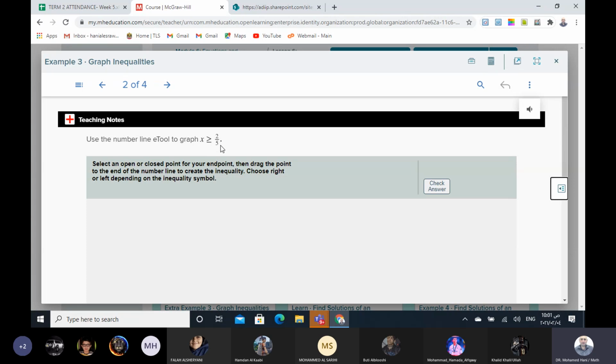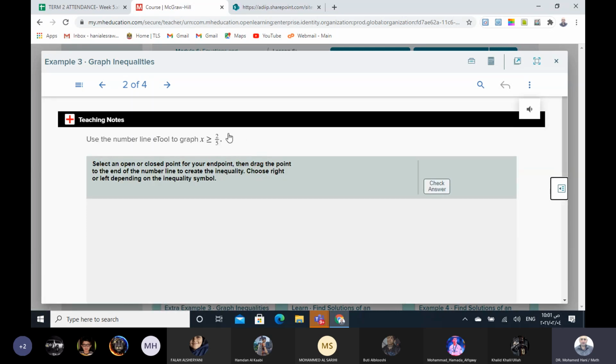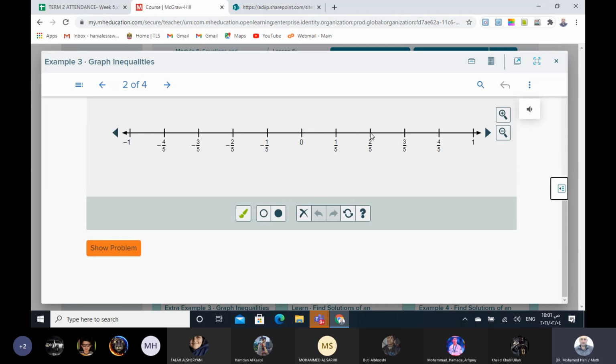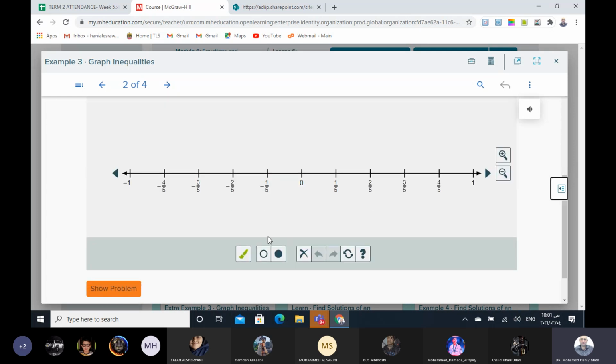So what I do to graph this inequality, the first step, draw the number line. Determine the value 2/5. This is 2/5. Then look to the sign. In the sign we have equal, which means use the second circle, the shaded circle.